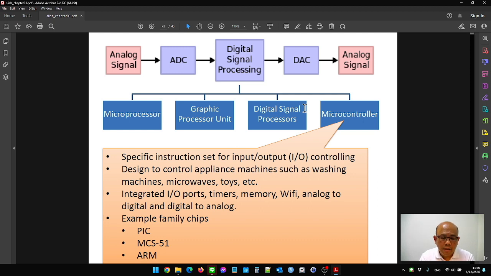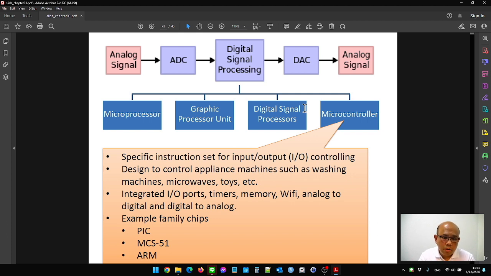Some washing machines have an intelligent function, for example fuzzy logic, which automatically calculates the weight and the water in the tank. Microwaves and some toys also have microcontrollers.